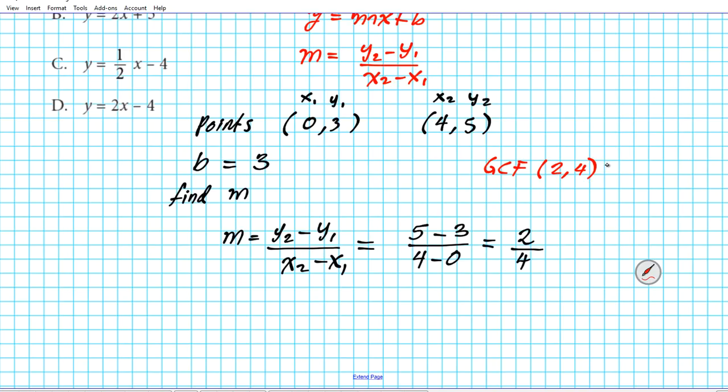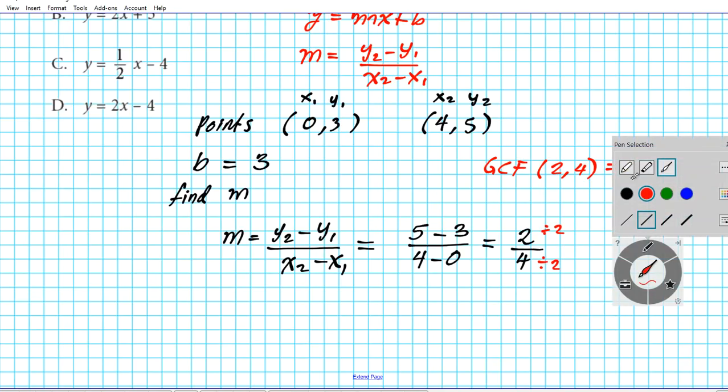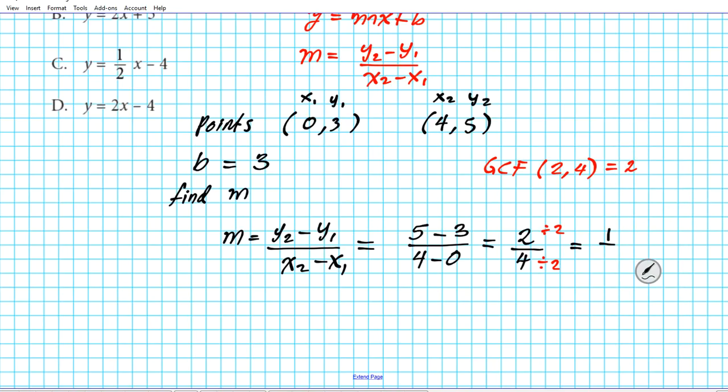So the GCF here is 2. So we divide the top and the bottom by 2, and that results in the fraction 2 divided by 2 is 1, 4 divided by 2 is 2. So that's your slope. Your slope is 1/2 and not 2.